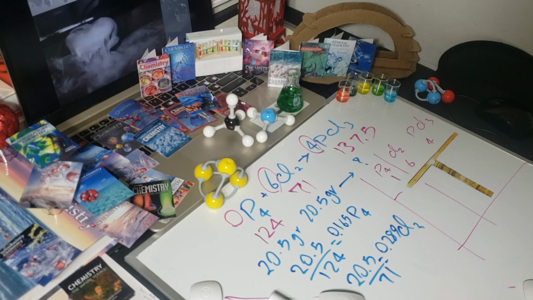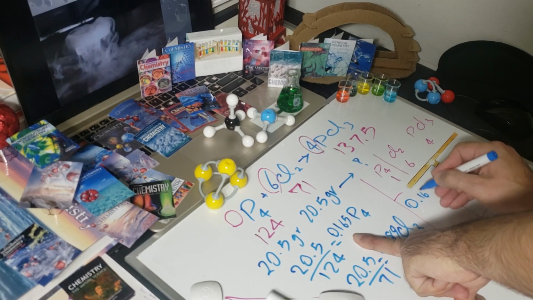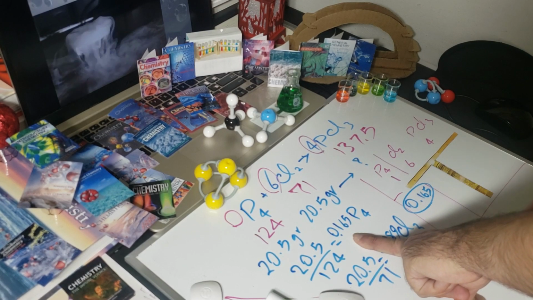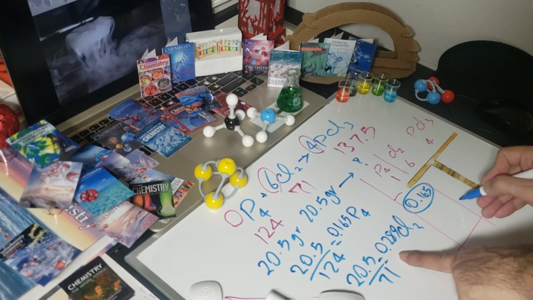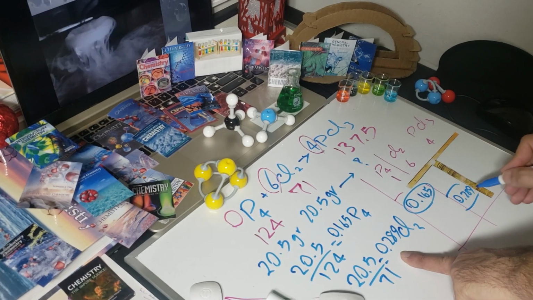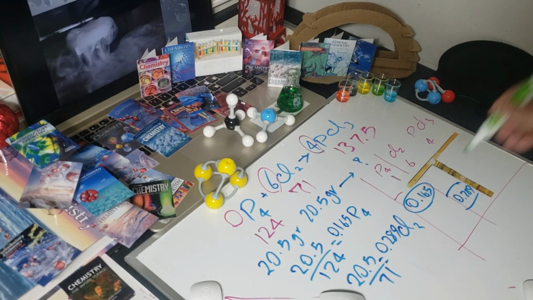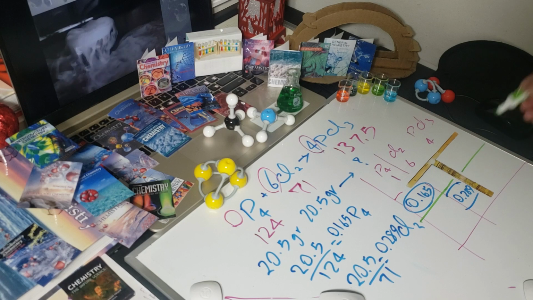Now I would insert the amount of moles for my phosphorus here, 0.165, circled, that's my available, and for my Cl2, 2.89, also circled because that's also my available amount, and they are in different separate rows.